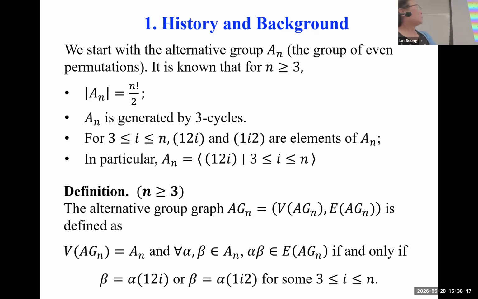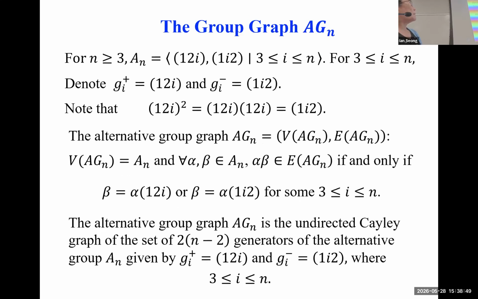I'm going to show you example graphs, but we're going to take these two types, kind of two functions. One is g_i plus, the other is g_i minus. They are just obtained by multiplying from the right by those two 3-cycles. And I mentioned before that the square of (1 2 i) is (1 i 2). So here is our definition for the alternating group graph.